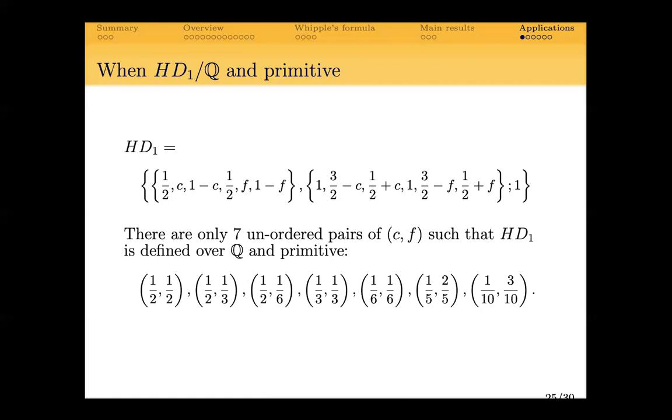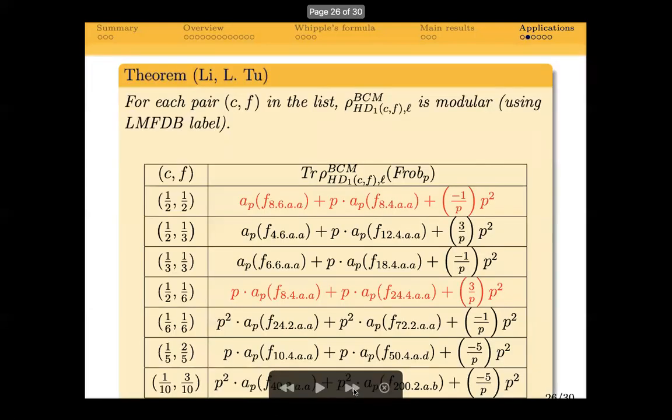It boils down to only 7 choices. For all the 7 choices, we compute explicitly the corresponding left-hand side, and it's a 5-dimensional Galois representation.